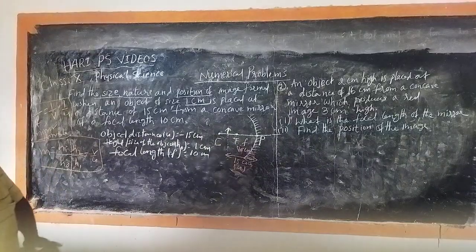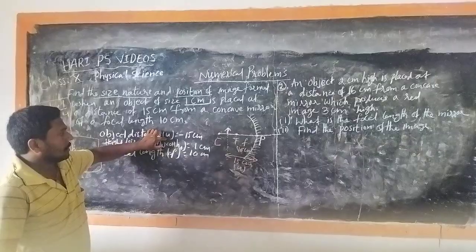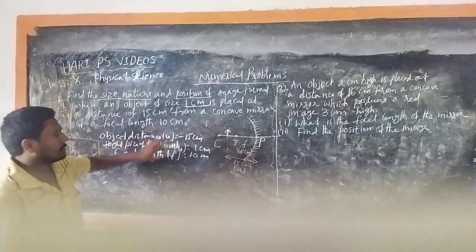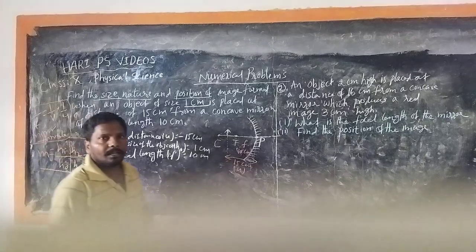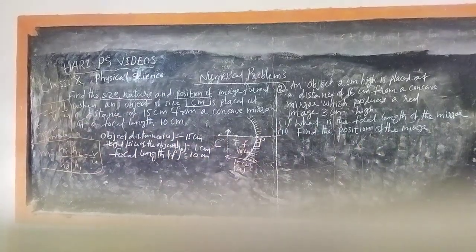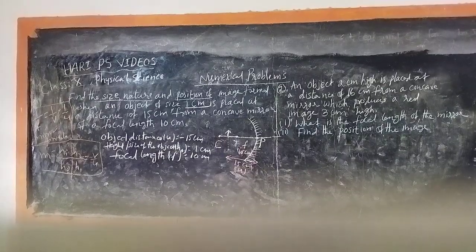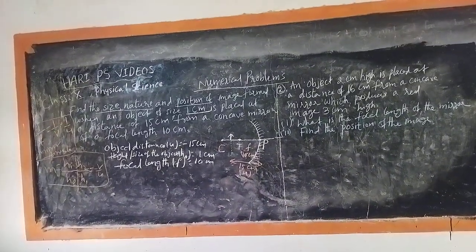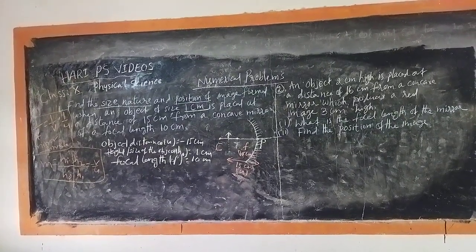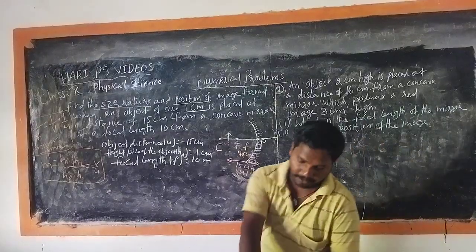So we know the object distance, the height or size of the object, and the focal length. Now let us calculate the size. Let us find out the values.